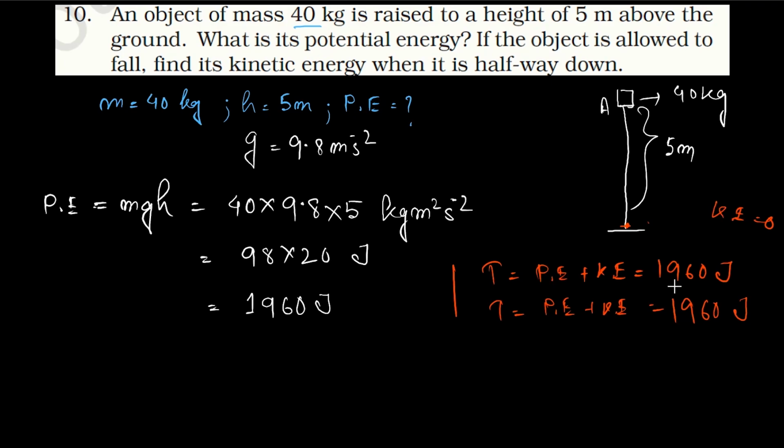Okay, so now the question is, if the object is allowed to fall, find its kinetic energy when it is halfway down. That means when the object is here, that is almost half, so this height is 2.5 meter. The whole distance is 5 meter, so half of it is 2.5 meter. Now we have to calculate the kinetic energy at the half.